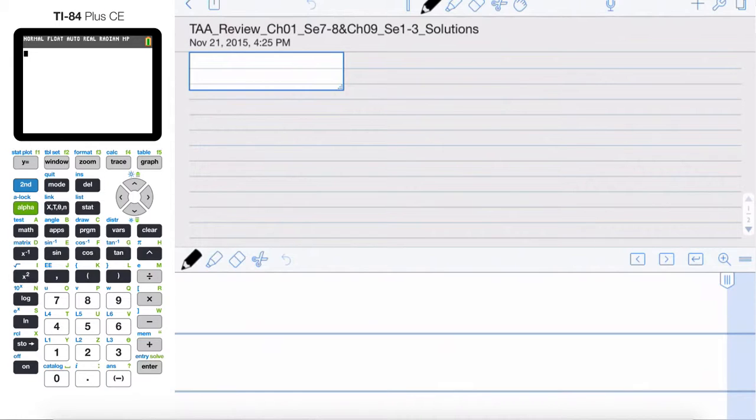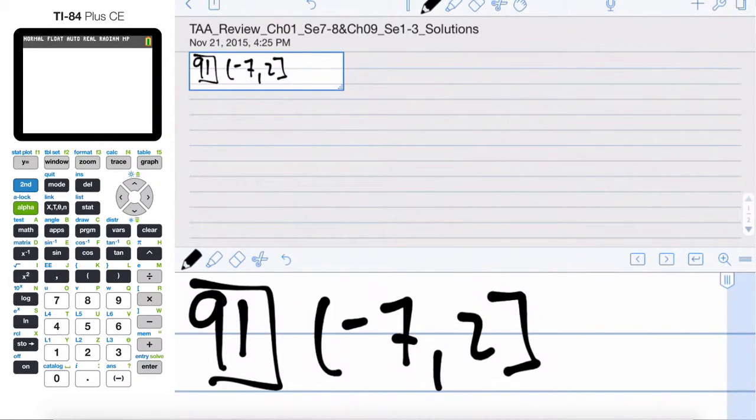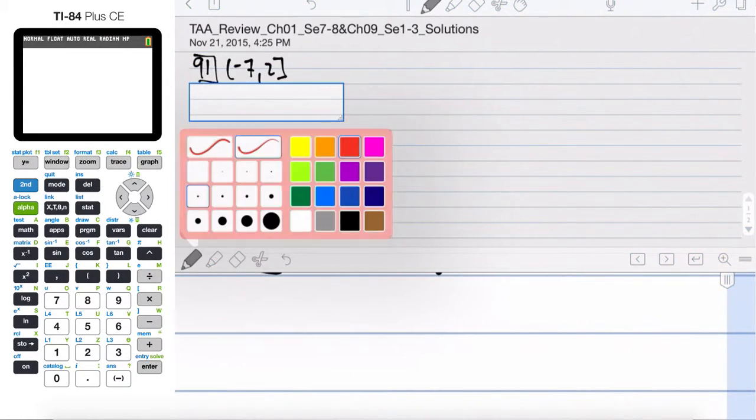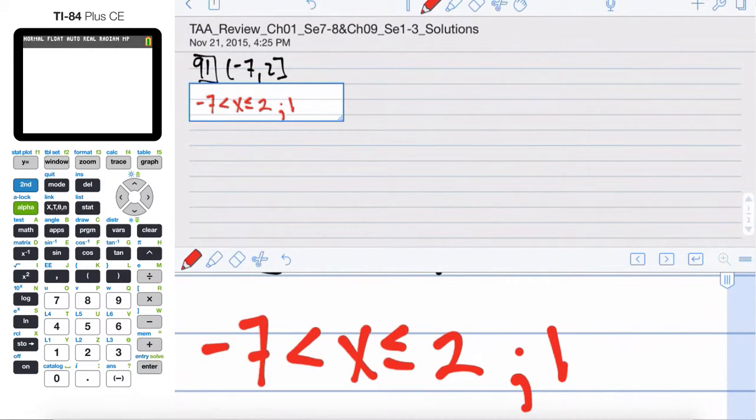91 says write (-7, 2], like so, as an inequality that represents the interval, and state whether the interval is bounded or unbounded. So this one is -7 is less than x is less than or equal to 2, and it is bounded.